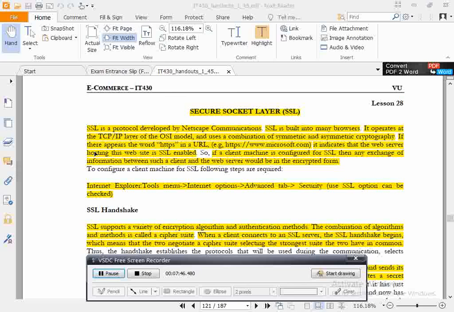If the word HTTPS appears in a URL, it indicates that the web server hosting this website is SSL enabled. If a client machine is configured for SSL, then any exchange of information between such a client and the web server would be in encrypted form.